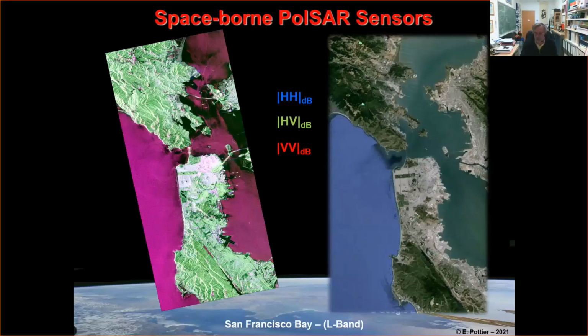And you can see here that the resulting color is very close to red. So it's very close to the VV information. Okay, so it was the first time that we were able to construct this kind of image using these three channels.